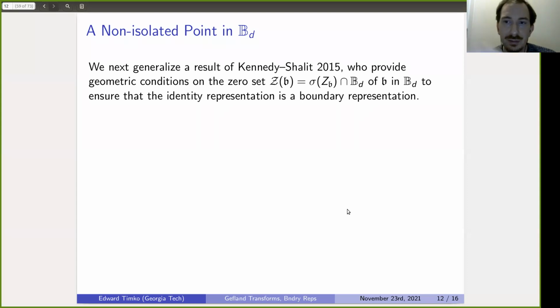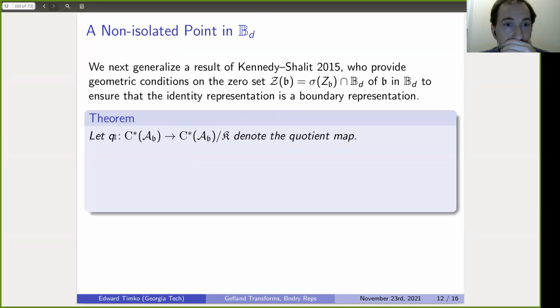What we're going to do here is take some ideas, again going back to this paper of Kennedy and Shalit from 2015, and try to generalize them a little bit, through a broader class of ideals, and move a certain base point around a little bit. But what they do is provide certain geometric conditions on the zero set Z_B, which again is the spectrum intersect the ball, to ensure that the identity representation is a boundary representation.